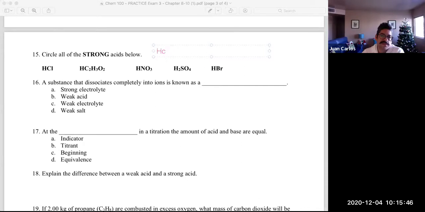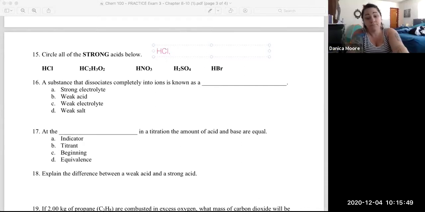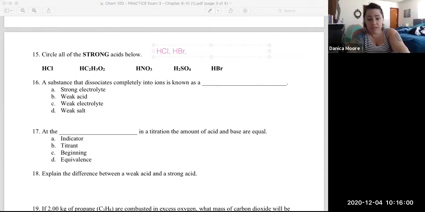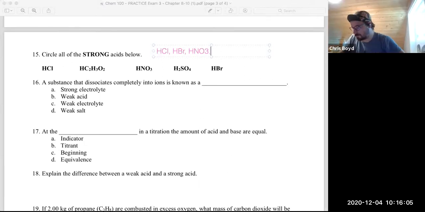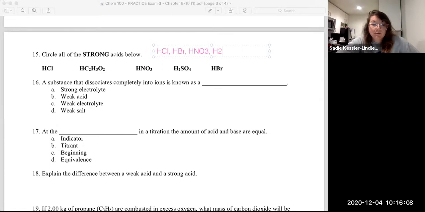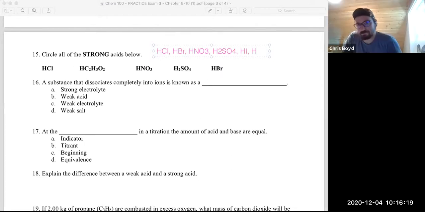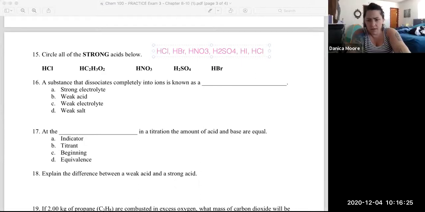Hydrochloric acid, hydrobromic acid, sulfuric acid, nitric acid, hydroiodic acid, and perchloric acid, HClO4.